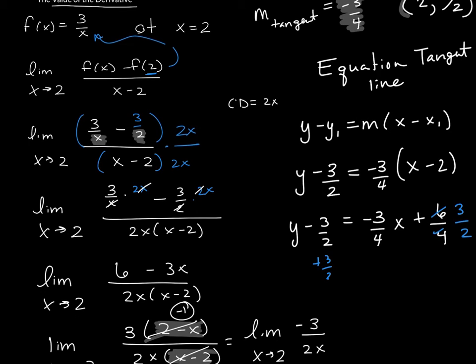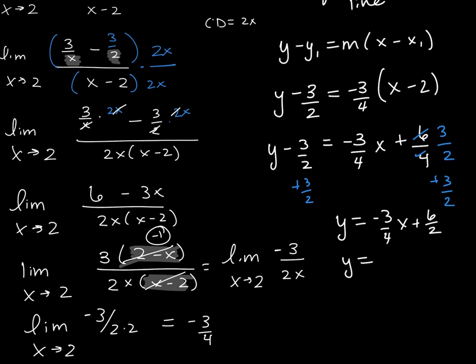Add 3/2 to both sides. And the equation of the tangent line at that point is negative 3/4 x plus 6/2, or y is equal to, just separate this a little bit, y is equal to negative 3/4 x plus 3.